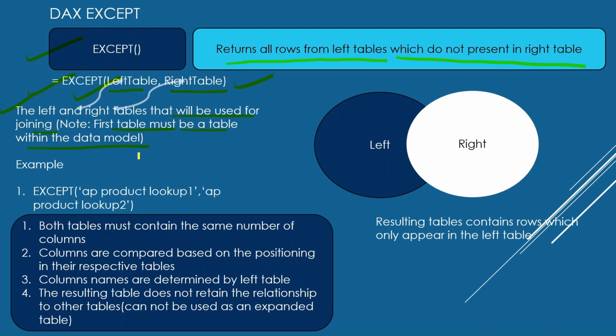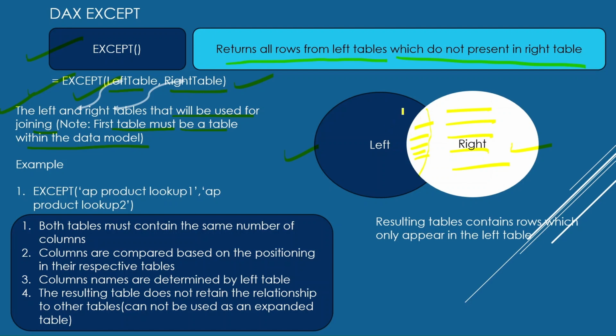Now, suppose this is one table and this is another table. Till here, these records are present in the right table, and these are the overlapping records as well. But whenever we use EXCEPT, these overlapping records will also be ignored.